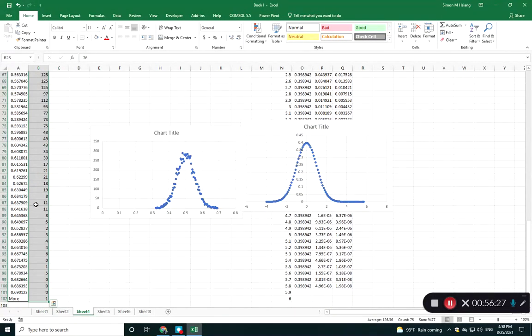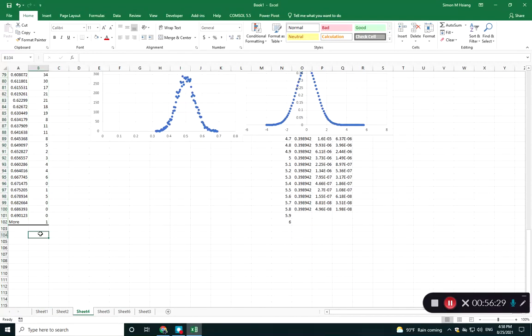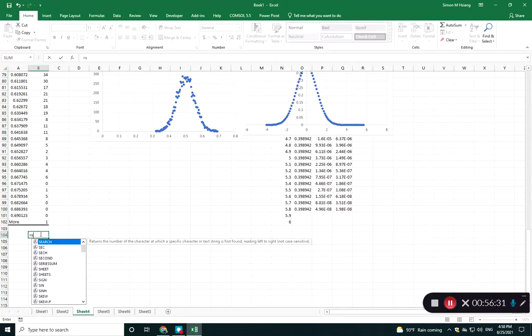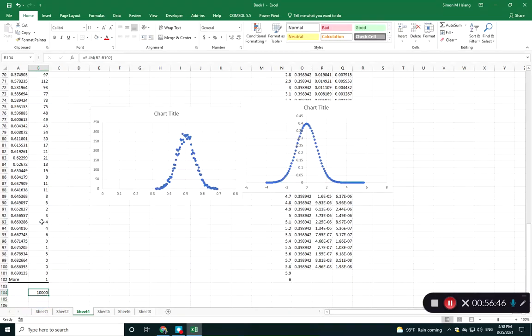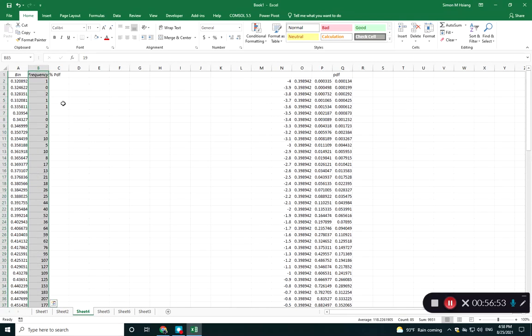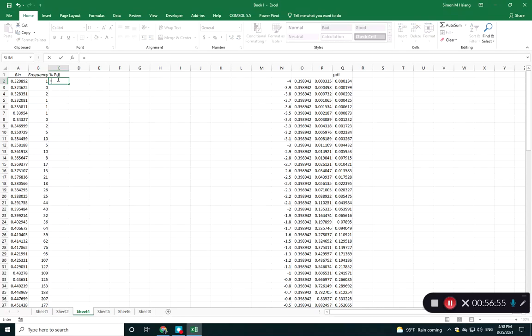So, the first thing, double check. Remember how many numbers we have? 10,000, right? So we just sum everybody together. I'm lazy, so I didn't lock the bin. Technically you should lock the bin into some specific number. I'm just letting Excel decide. So I have 10,000 numbers. First thing first, every histogram bar divided by 10,000.